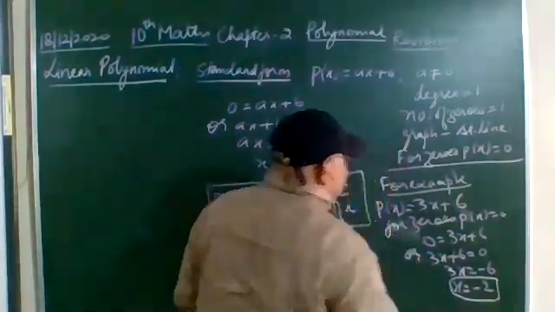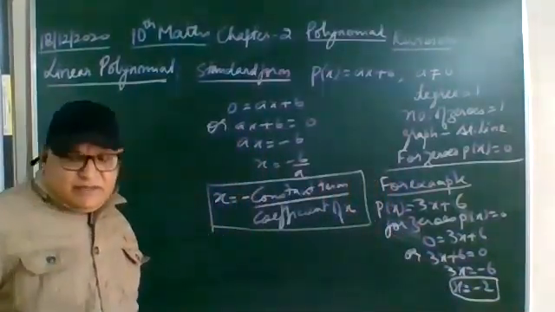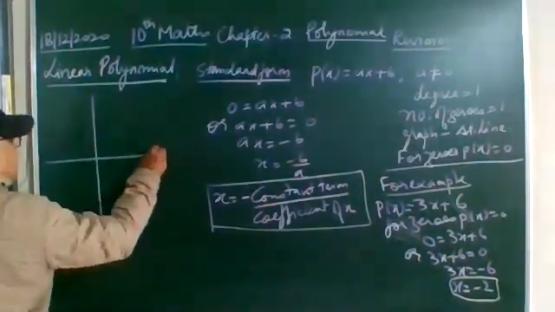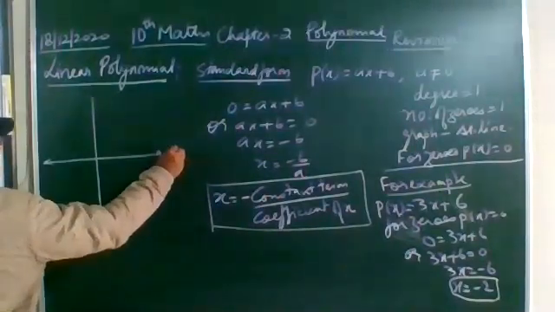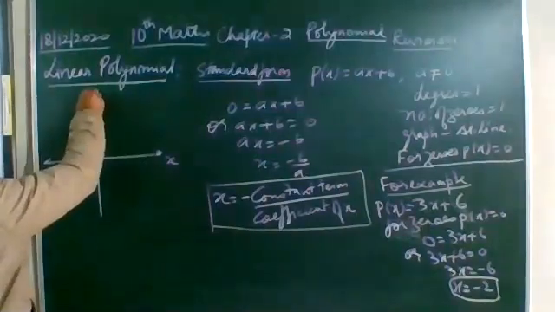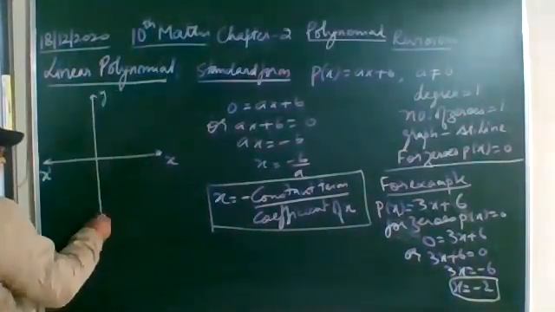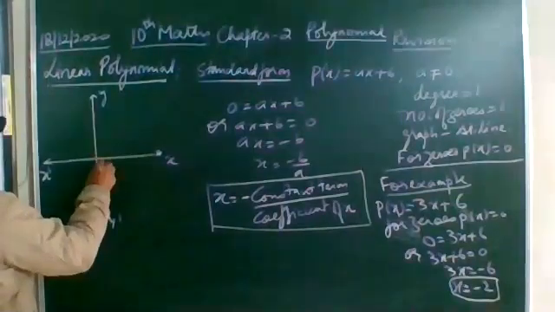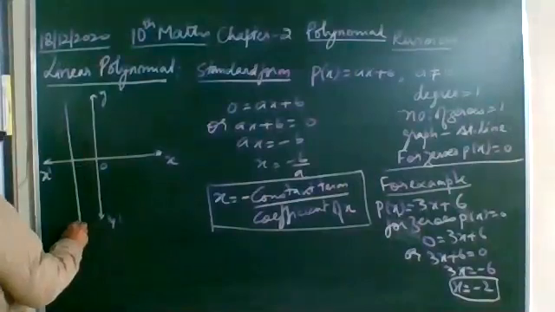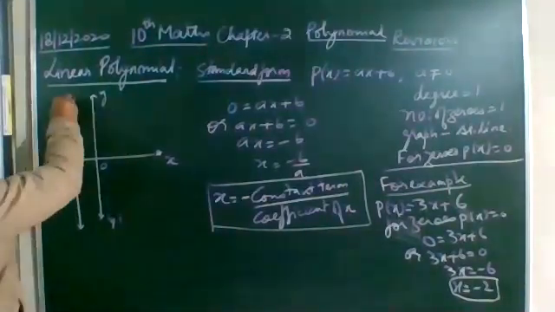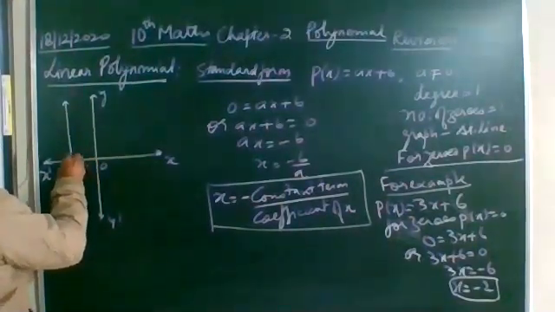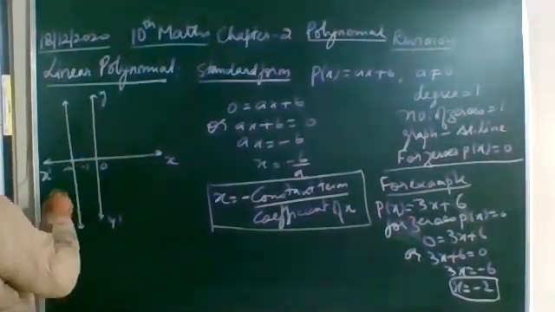If I make the graph of this, this is x dash, this is x, this is y, and this is y dash, and this is the origin. Now x = -2, so the line passes through -1 and -2.